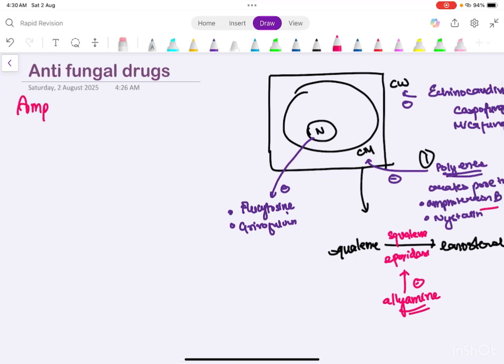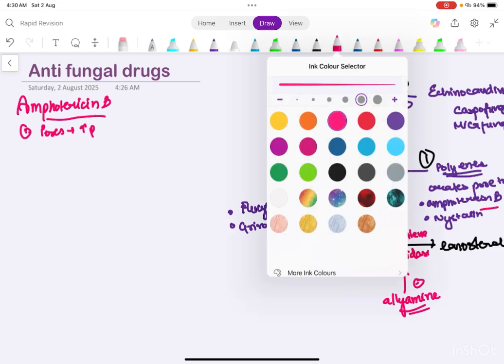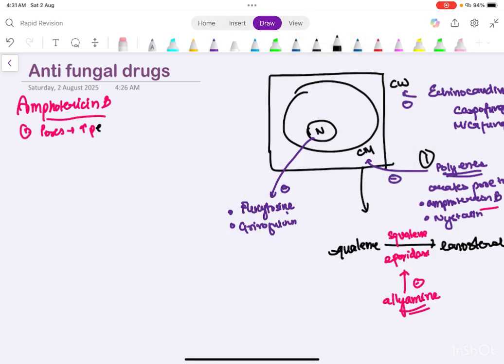So first of all, let's talk about amphotericin B. Now, as you know, it's a polyene. So basically, it binds to ergosterol, it forms pores and increases permeability of the cell membrane.